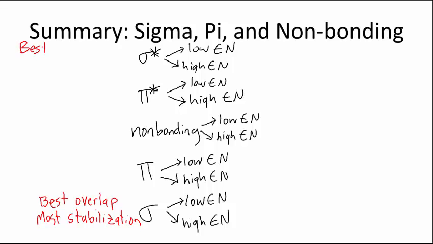So it's like the best bad overlap, or the best destructive overlap. So that's the most destabilized. Question?